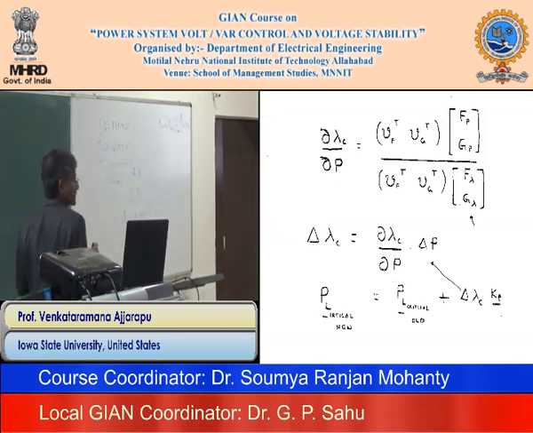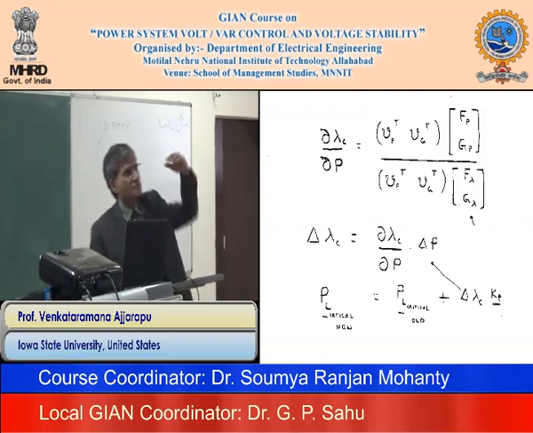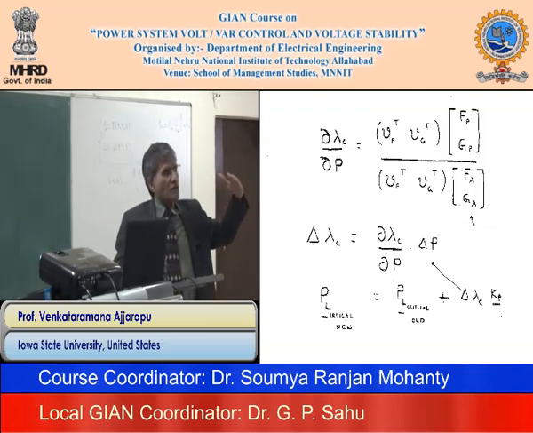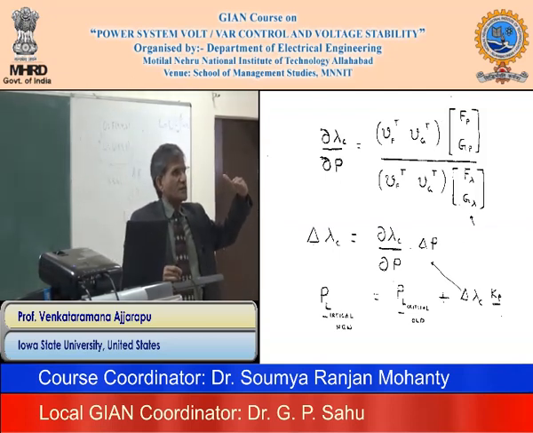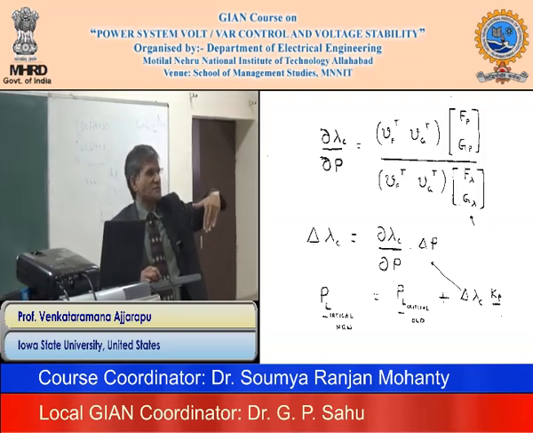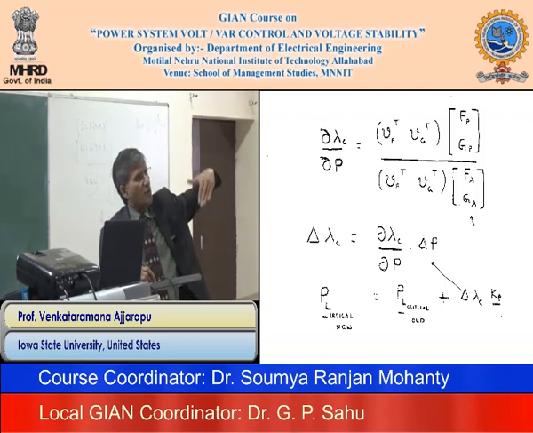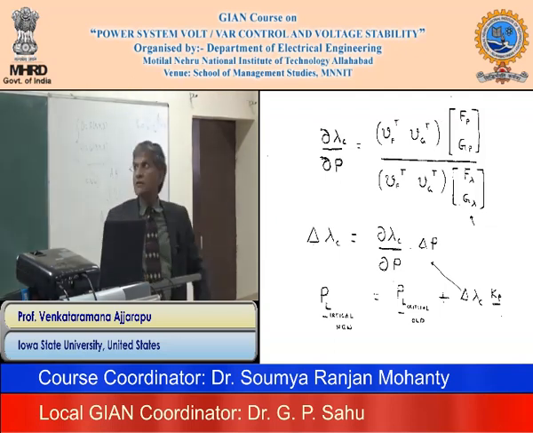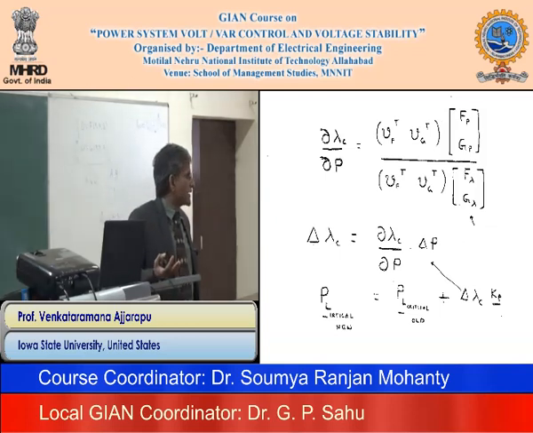So one more thing, remember the tangent vector? At the critical point, that becomes the right eigenvector. You can check that. So at the critical point, that becomes the right eigenvector. If I want the left eigenvector, generally if it is a symmetric matrix, the left eigenvector is the right eigenvector, right?